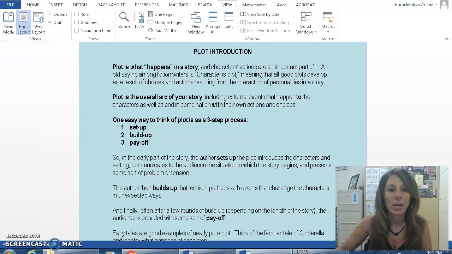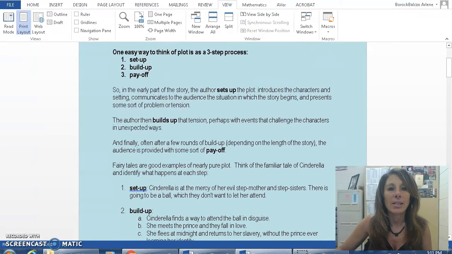Let's look at it this way. An easy way to think of plot is as a three-step process. You have the setup, then you have the build-up, and finally you have the payoff. So in the early part of the story, the author sets up the plot. He introduces the characters. He introduces the setting.